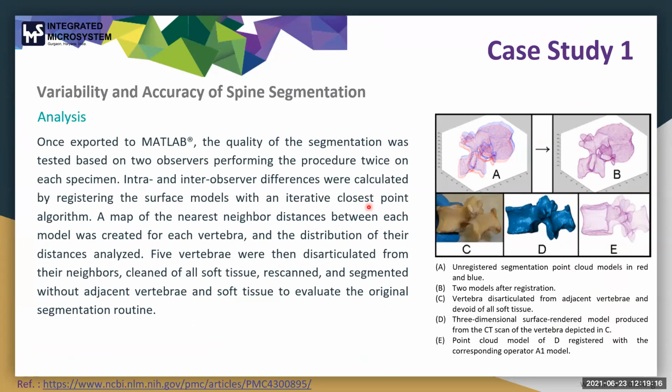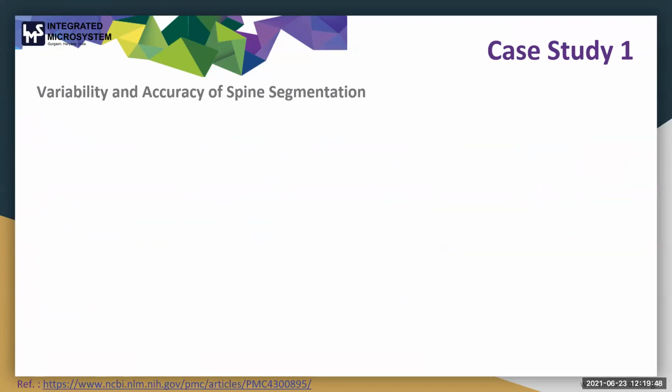The vertebrae from the cadaveric model were cleaned of all the tissues, disarticulated from their neighbors, and rescanned and segmented without any adjacent vertebrae and soft tissues. That gave a very clear image, which was segmented and compared with the earlier model. That showed there was very good accuracy between the two models.